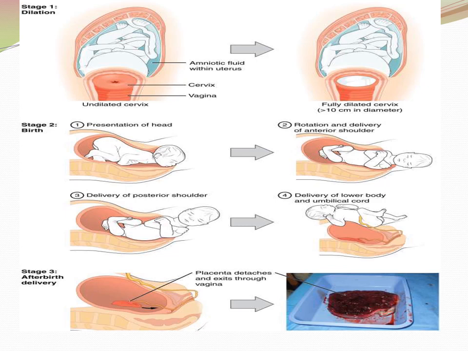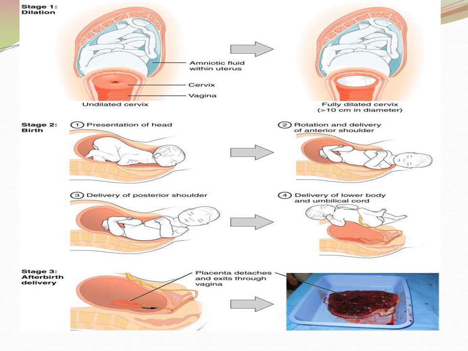This is the picture in which you can see, in stage 1, the dilatation from the undilated cervix to the fully dilated cervix, which is 10 centimeters in diameter. Stage 2 is from the full dilatation of the cervix till the delivery of the baby. This is stage 2.